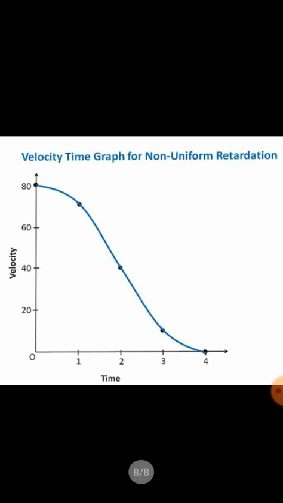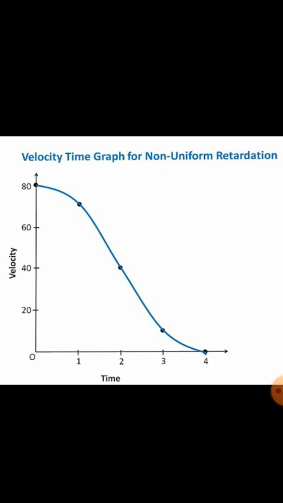The graph shown here is of an object having non-uniform retardation. Here also, if you observe, the initial velocity u is more than the final velocity v. The initial velocity u on the graph is 80 meter per second, whereas with time the velocity went on decreasing and the final velocity became 0 in the 4th second.